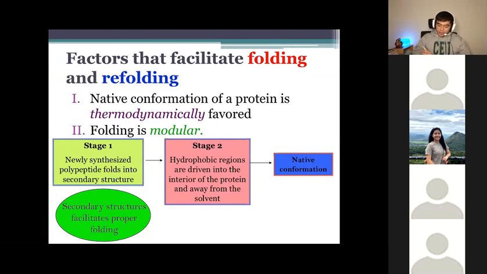Pag sinabi nating thermodynamically favored, this tells us that protein folding is a process that happens in an orderly and also guided fashion. Kaya nga nabanggit ko kanina, anong sabi ko sa proteostasis? Ano yung N na sinabi ko? Non-random. Okay, non-random siya. So it occurs in an orderly and also guided fashion.